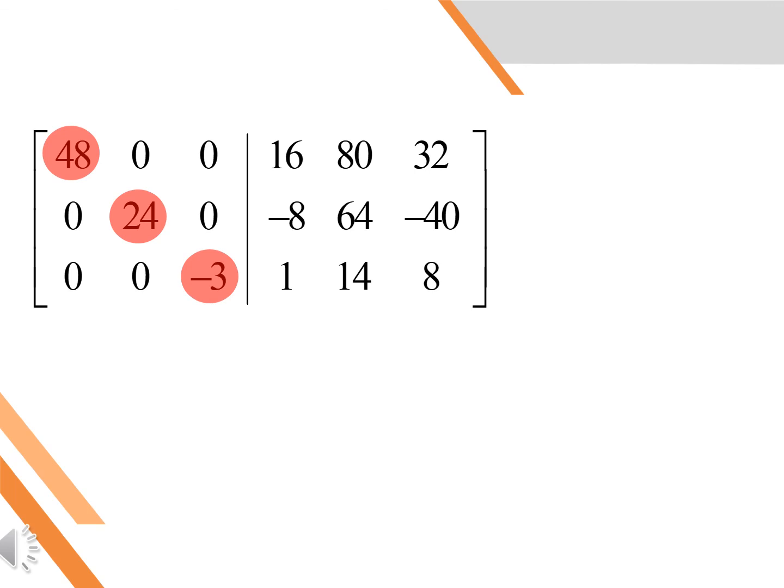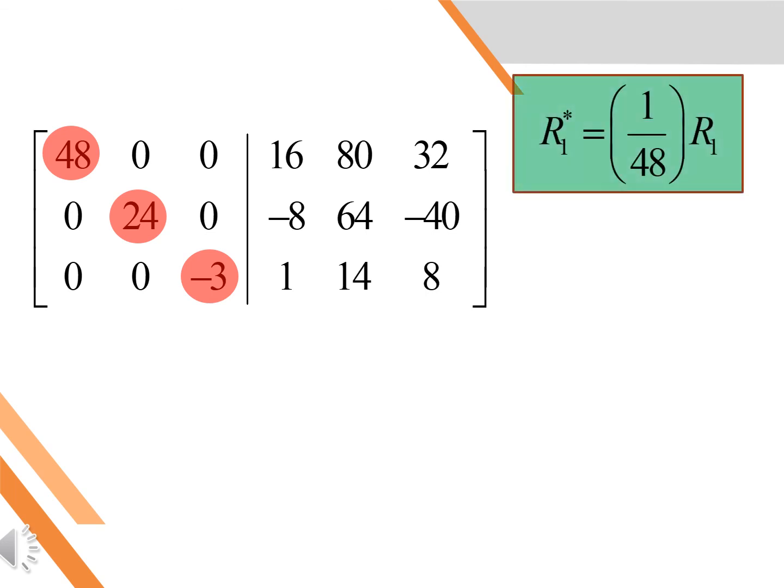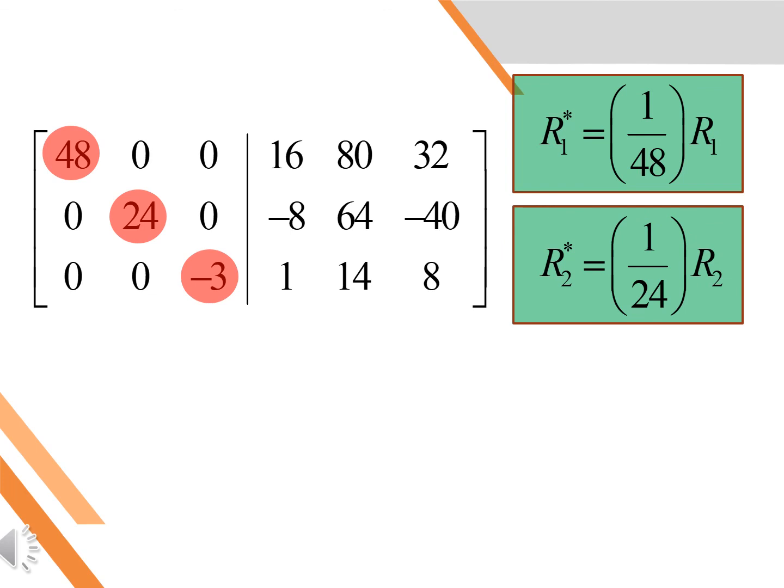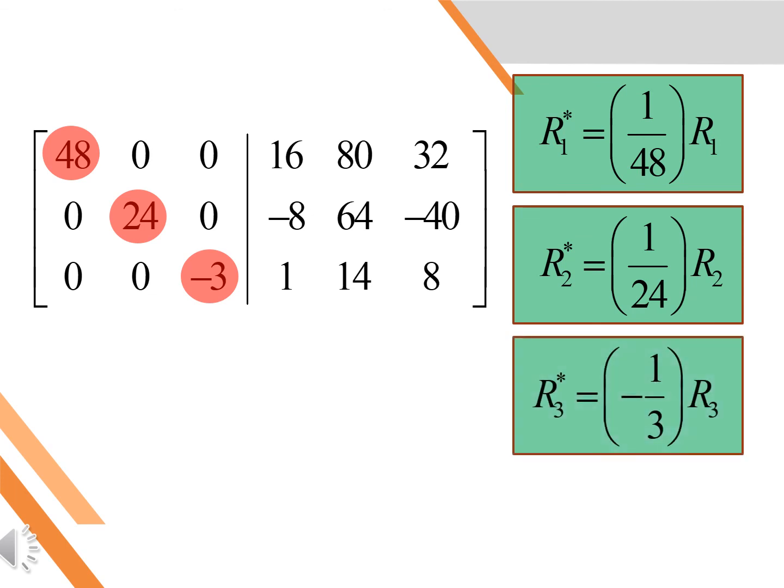Here, in the first row, you have number 48. To get number 1, you only multiply the first row by 1 over 48. Second row, multiply by 1 over 24. And finally, for the third row, multiply it by 1 over -3.